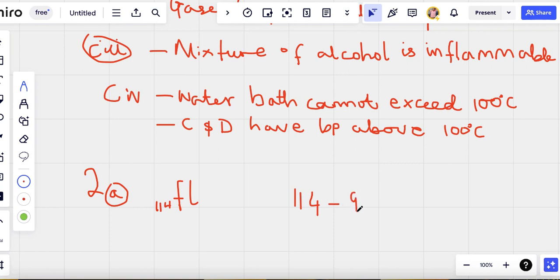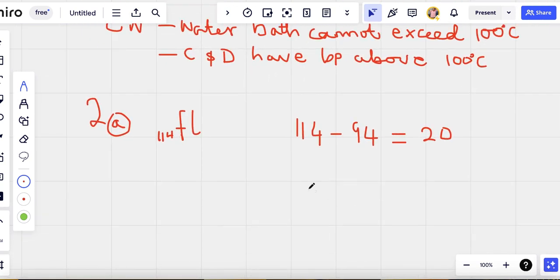So which element has atomic number 20? It's as easy as that. It is calcium. Calcium has atomic number 20, Ca.